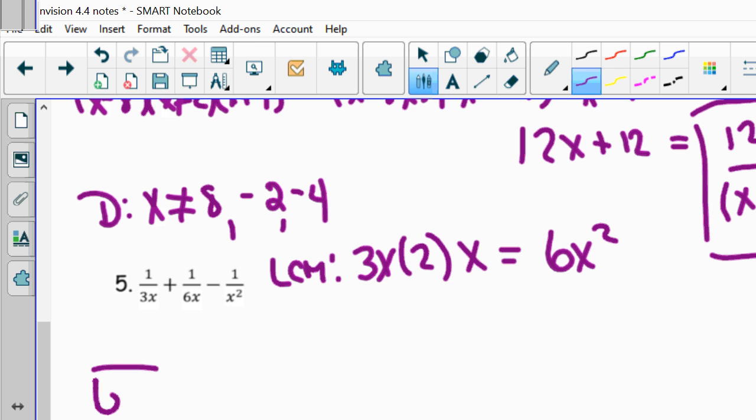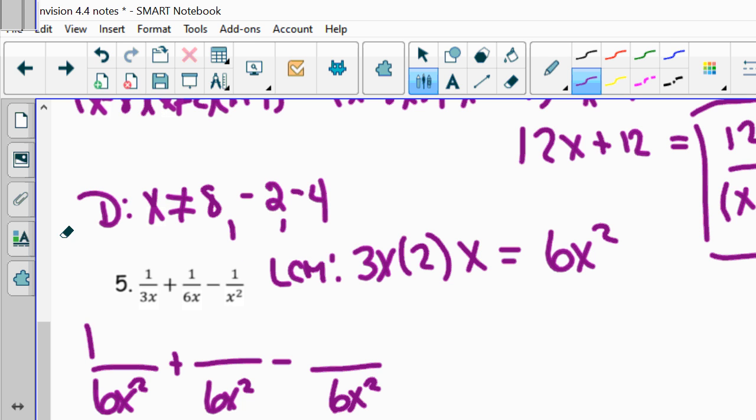So I'm going to put each of these over 6x squared. We have addition and subtraction combined here. The first one had a 1 on top. Started out with a 3x in the denominator, so I'm missing a 2x. Then the second one had a 1 on top. Started out with a 6x in the denominator. I'm missing an x.